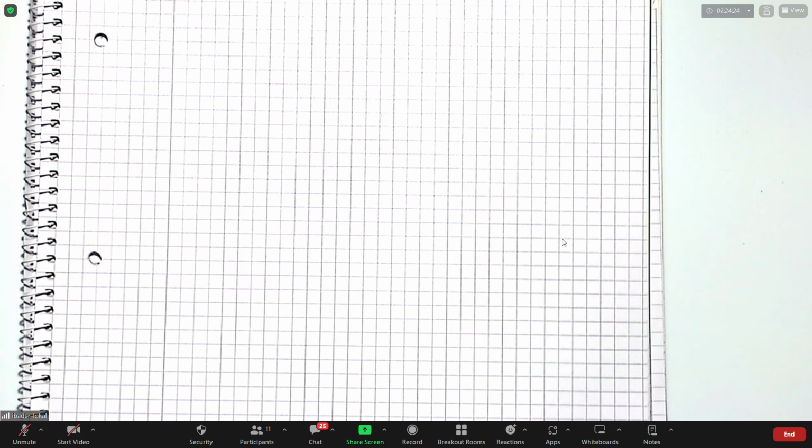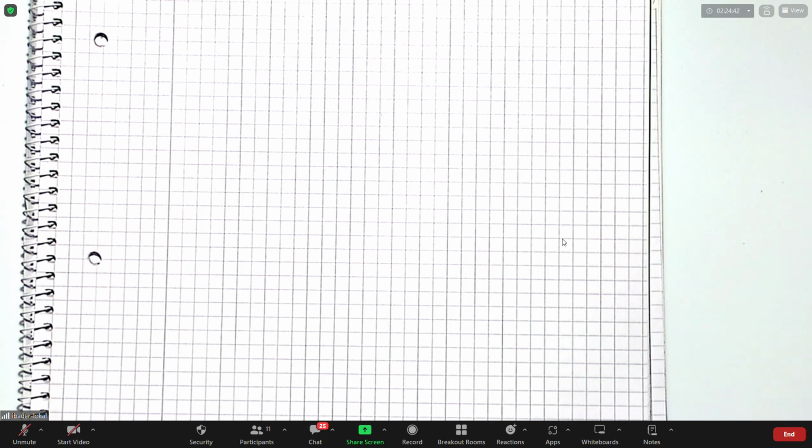Another sequence that is important, and in fact, these two sequences are fundamental in finance, right?